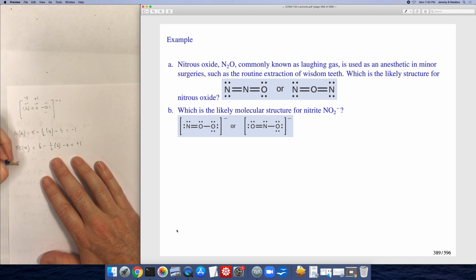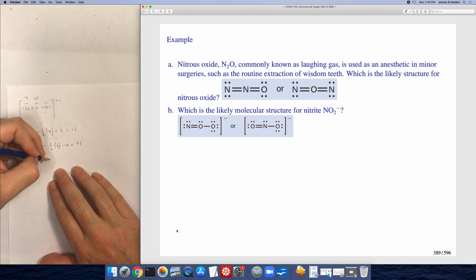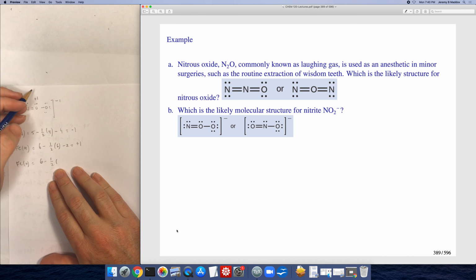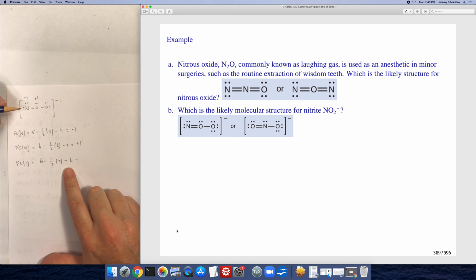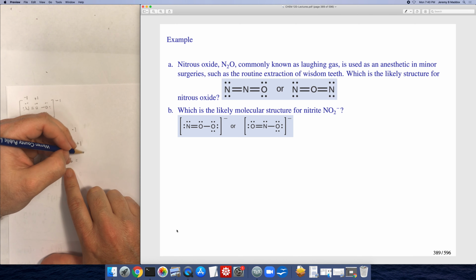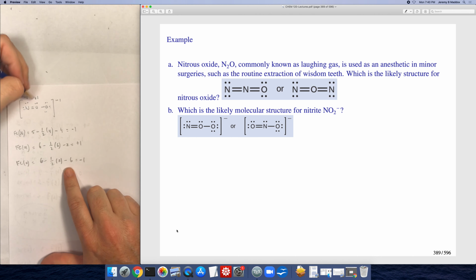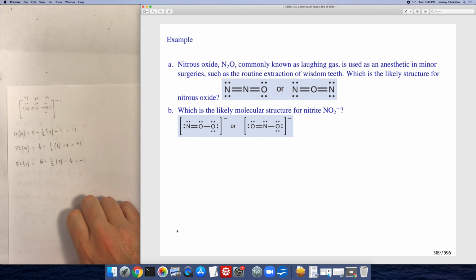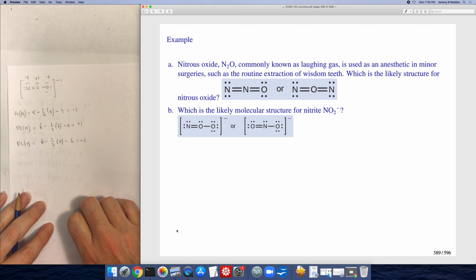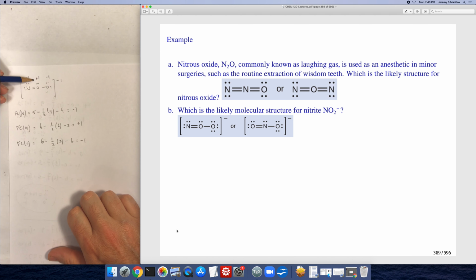And then for this oxygen atom, we start off with 6 minus 1/2 times 2 minus 2, 4, 6. Okay, so we've got a charge of, let's see, this would be -1. So -1, +1 and -1 when oxygen is the center atom. Already it looks suspicious because it's putting a +1 charge on the central nitrogen.